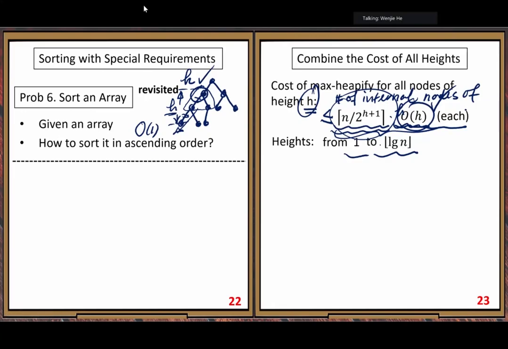Let's look at a simple example. Another special case to give us some idea. Here there are 7 nodes, right? N equals 7. And we need to consider height 2. The root node has height 2 based on our height definition.